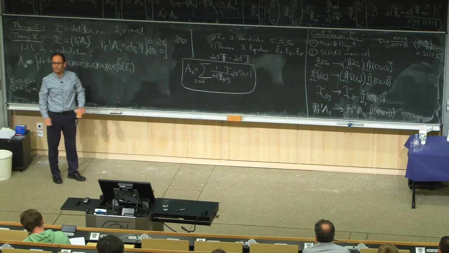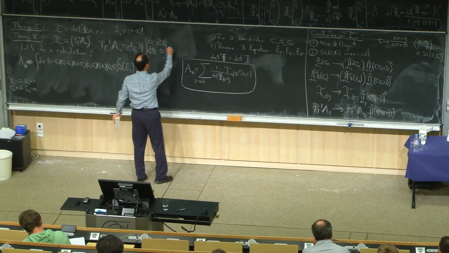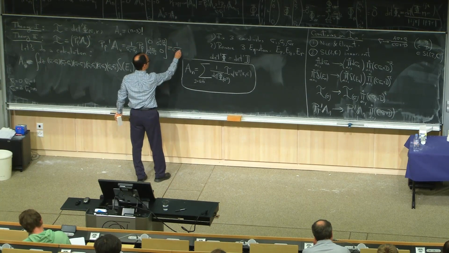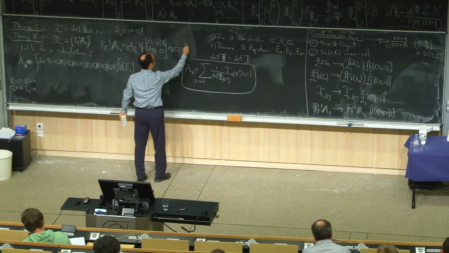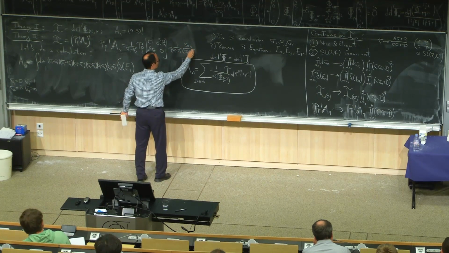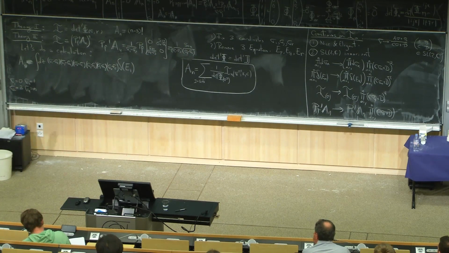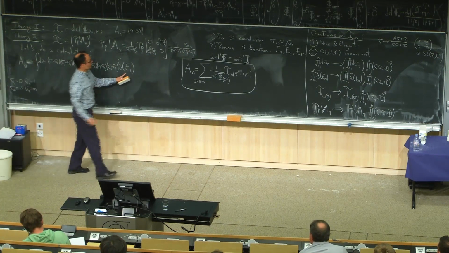So let's compute the Pfaffian of this matrix, which happens to be, up to a sign that I'm not going to care about. Okay? So that's the Pfaffian of that matrix, which I'm supposed to put in here.